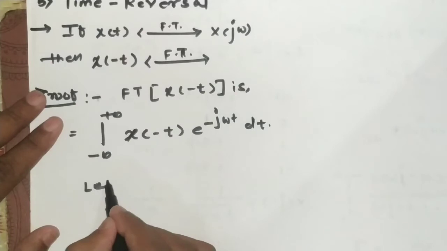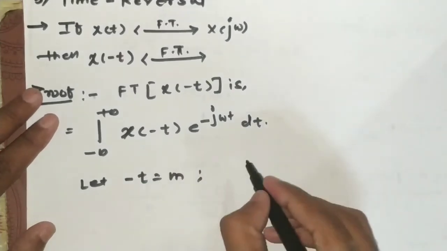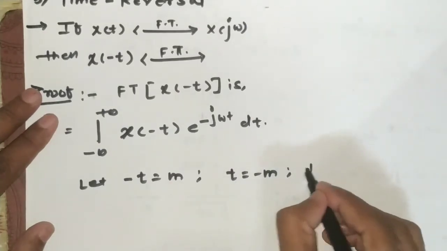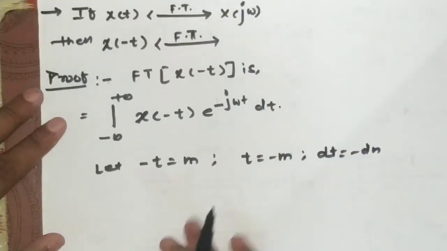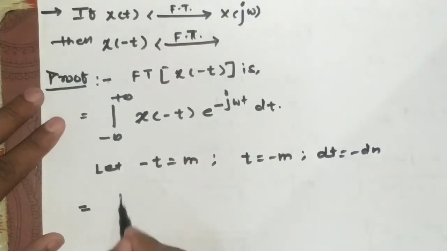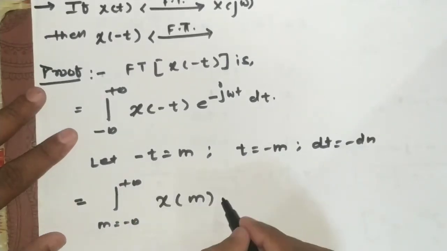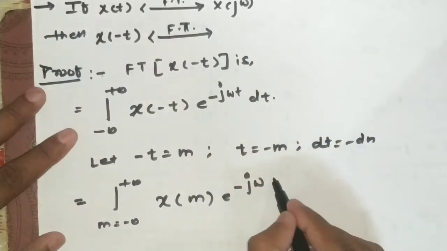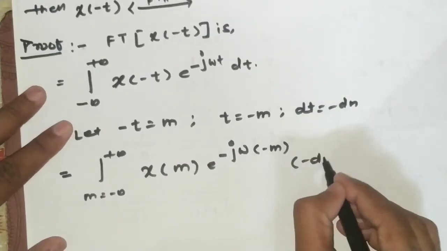Let minus t equal m, t becomes minus m, and dt becomes minus dm. So when you put this value, this integration is with respect to m, this is x of m e raised to minus j omega, instead of t this is minus m, and dt, this is minus dm.